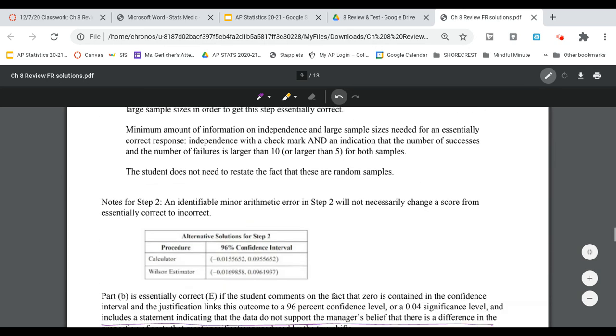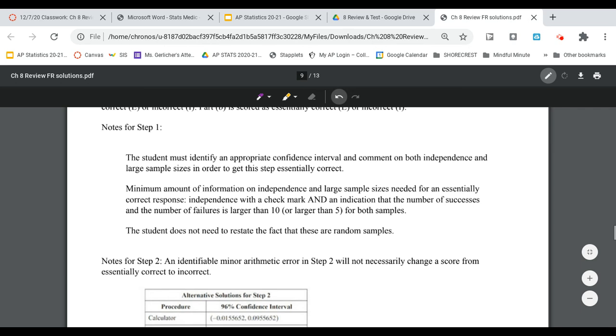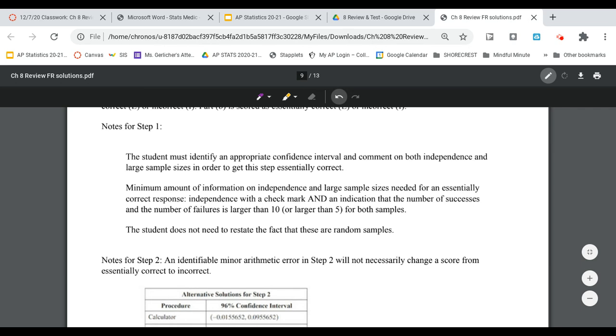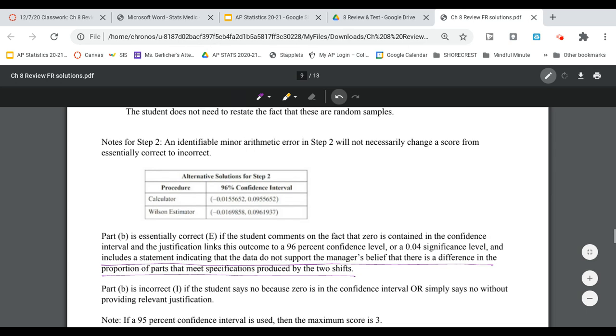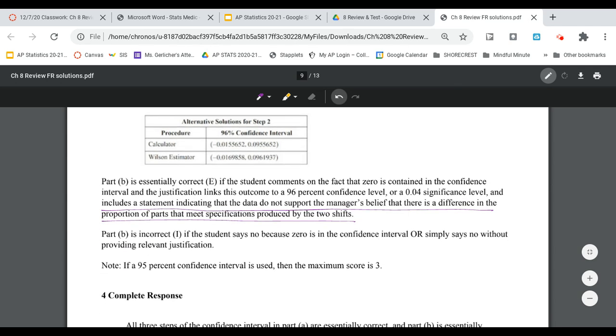Okay, so I'm just going to go down to the scoring a little bit. I already talked about that. This is worth saying: to get it essentially correct, completely correct, you do need to include a statement indicating that the data doesn't support beliefs.